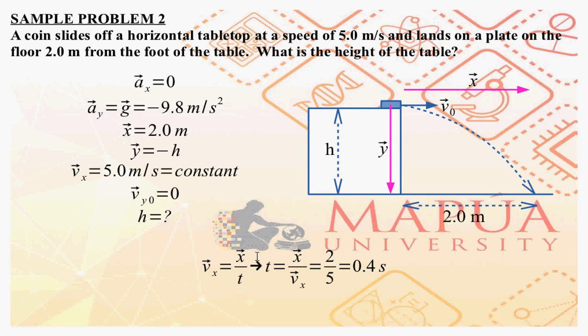Isolating t, t is equal to x over Vx. We know x, 2 meters. We know Vx, 5 meters per second. So it's just 2 divided by 5. We are able to calculate the time. T is equal to 0.4 seconds.